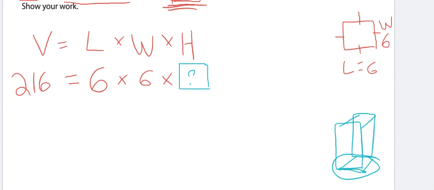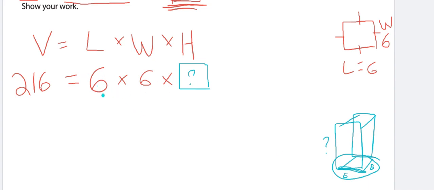It's not perfect, but a square means all the sides are the same. So if this one's 6, this one has to be 6 because they are the same length and width. And then I know the height. I don't know what that is yet. So square base means the length and the width are the same, but the height we don't know.